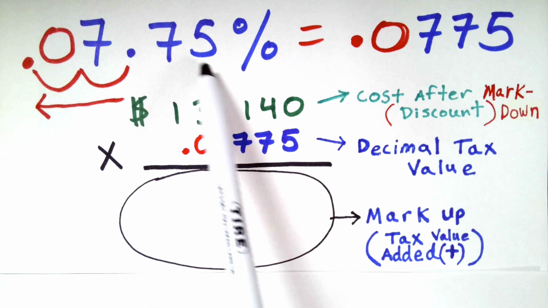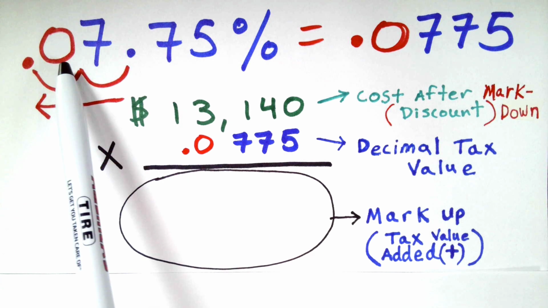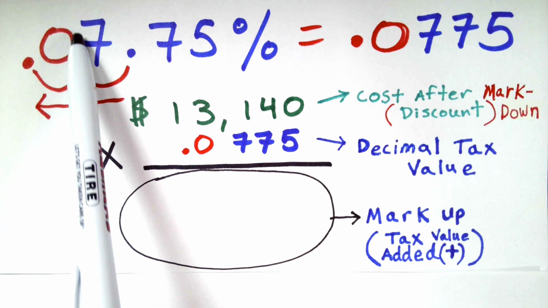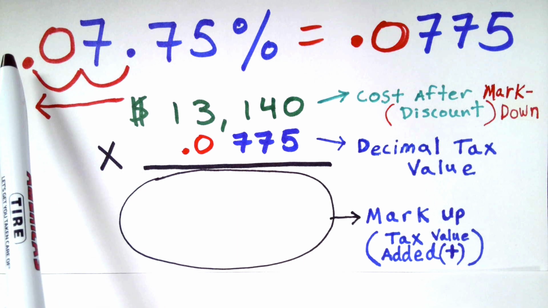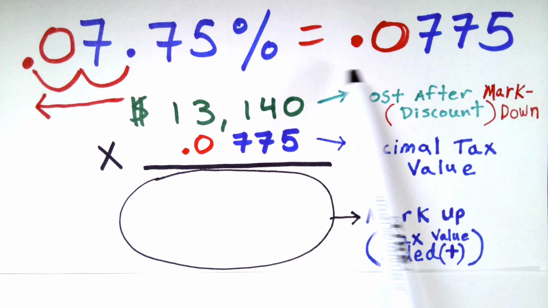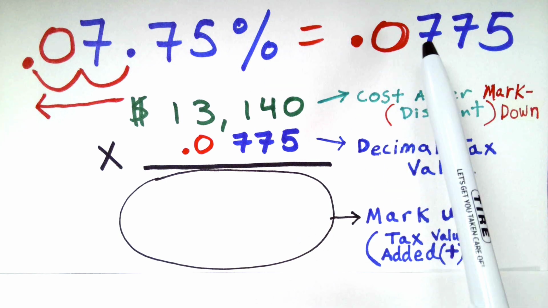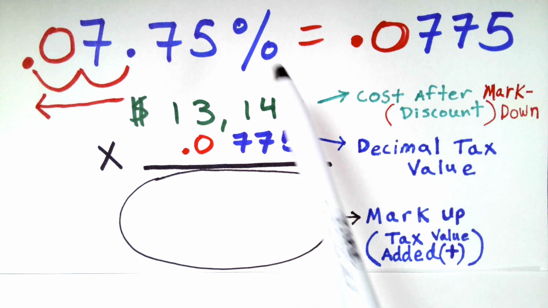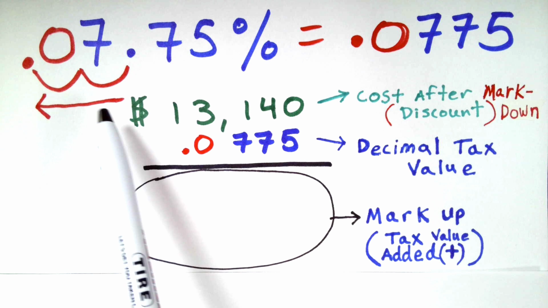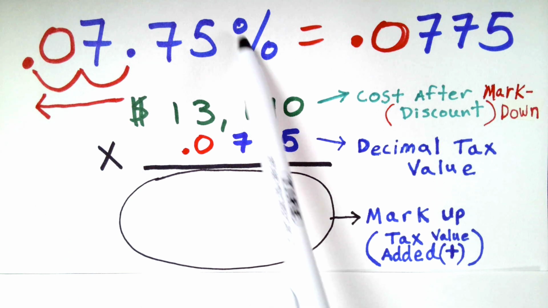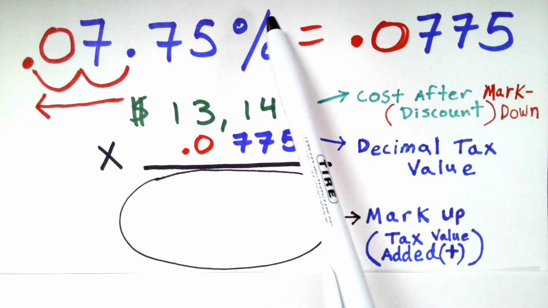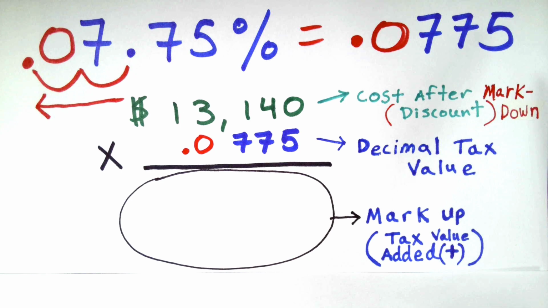You take the decimal of the percent value and move it 2 places to the left, adding a 0 placeholder. Now it's 0.0775, like you see right here. It's that easy. Move it 2 places to the left, you see the arrow, and get rid of your percent symbol, because now it is a decimal.